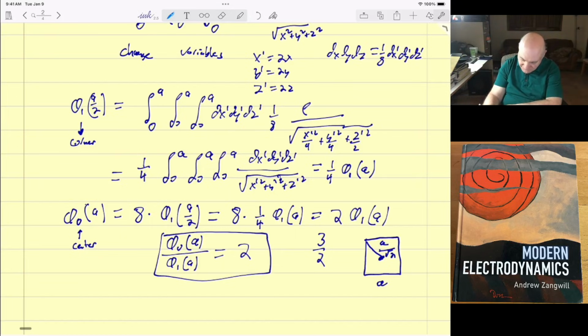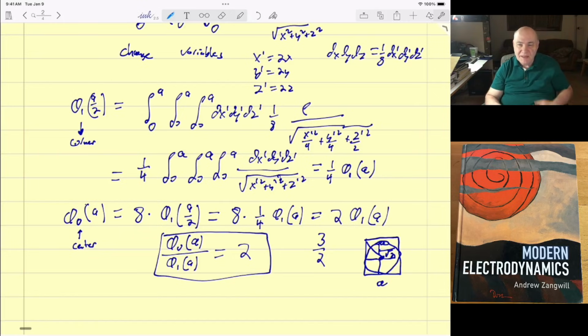So this distance, if we consider the radius of the cube as a over 2, then the distance to the corners is a little longer than for a sphere, like if we had that. So that's why it's not surprising that the potential at the origin is a little bit higher than for a sphere.